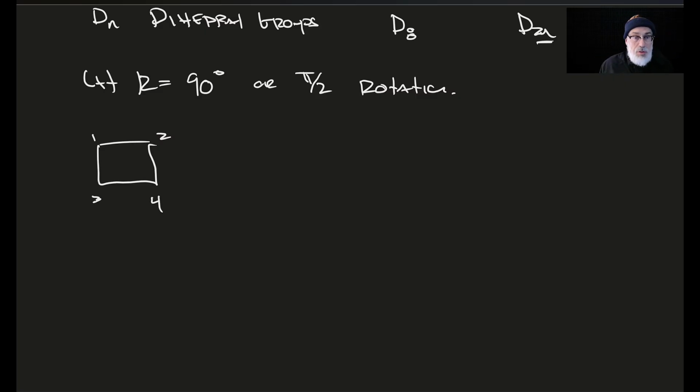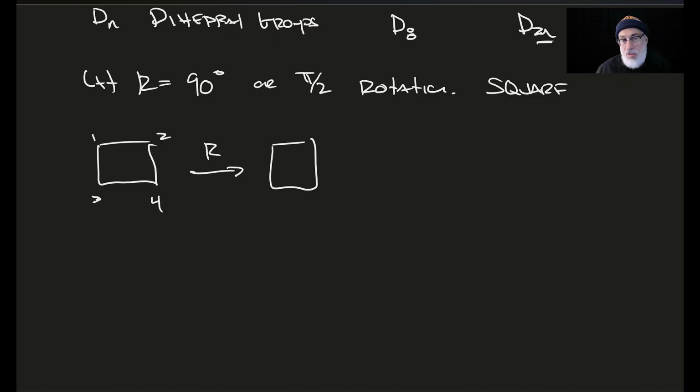So we have 1, 2, 3, and 4. So we have a square. And we're going to do rigid symmetries on the square. And we're going to rotate. So what happens if we rotate 90 degrees? Let's do that first. One rotation of 90 degrees.